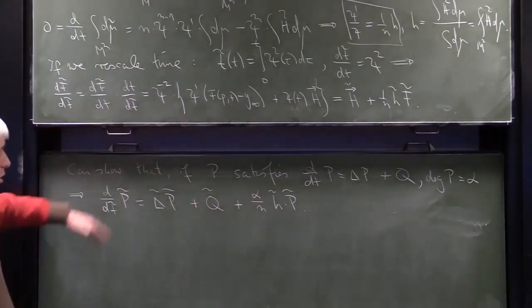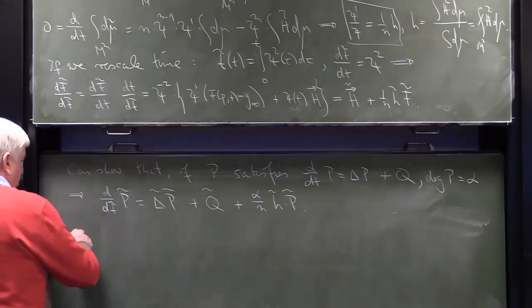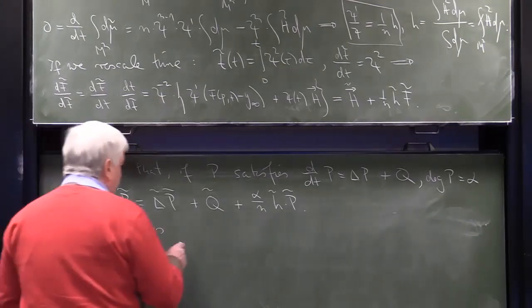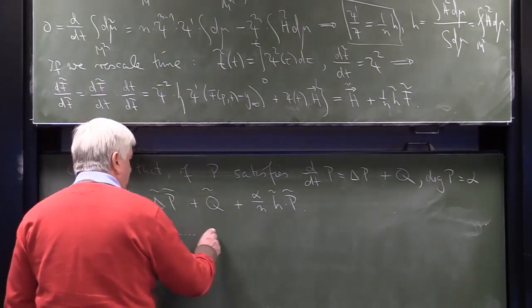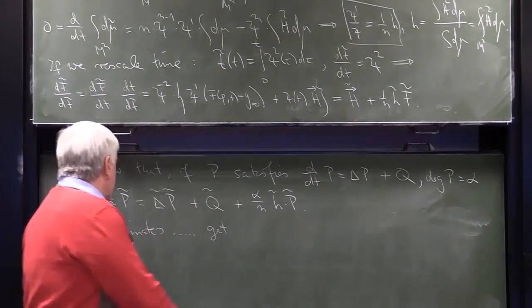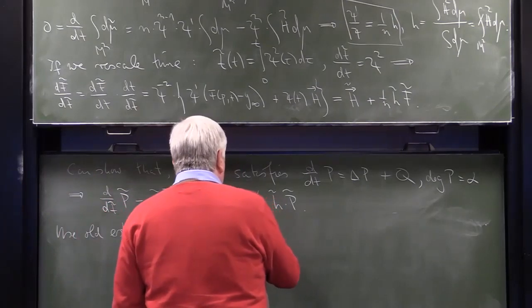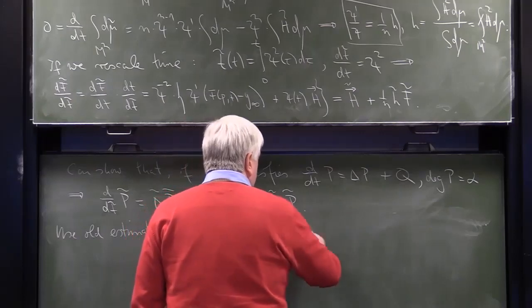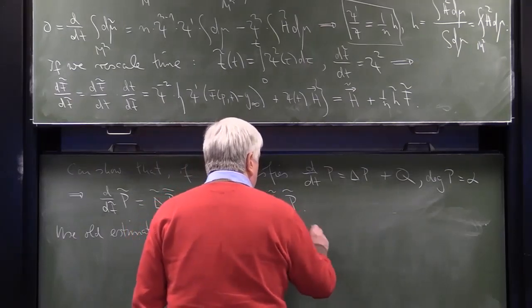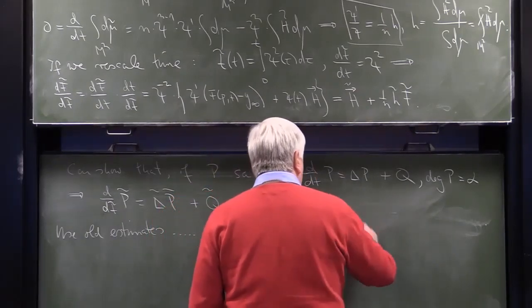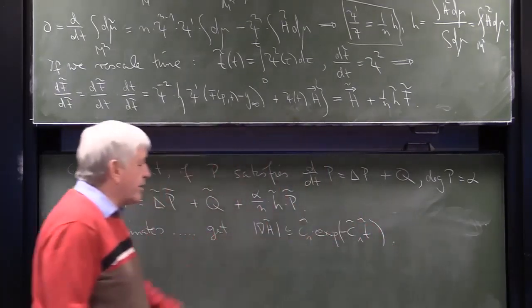And now if you use the old estimates, with a little bit of extra work, you can get, this might be a good exercise to go through this old paper of mine, how to do this. You get that the gradient h tilde can be estimated by some exponential decay with respect to the t tilde variable.